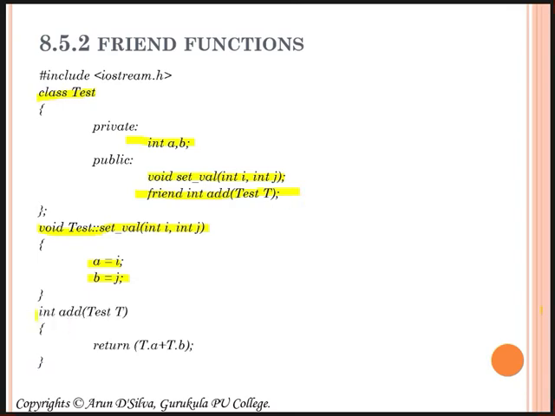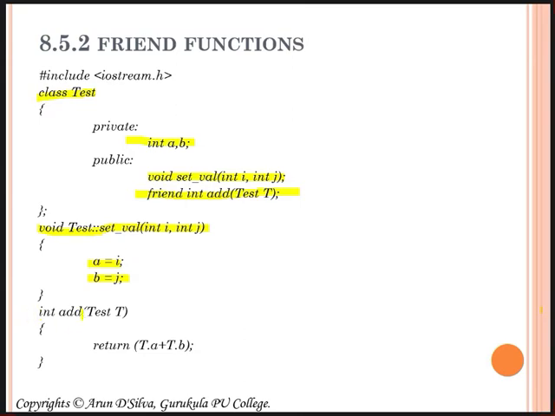While defining the friend function, as I told you, the friend keyword is not necessary, not used. Scope resolution operator is not necessary, because it does not belong to that class. This function is just a friend to this class.